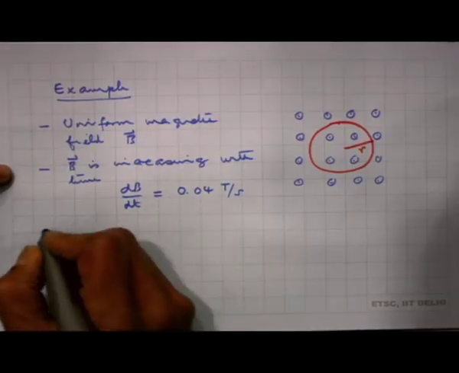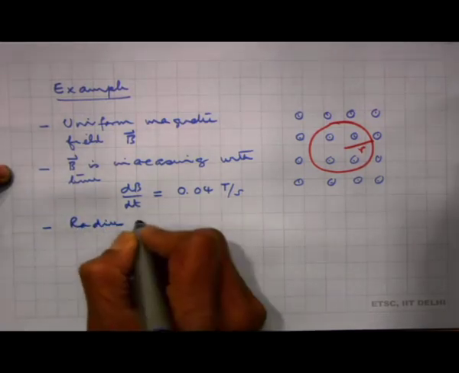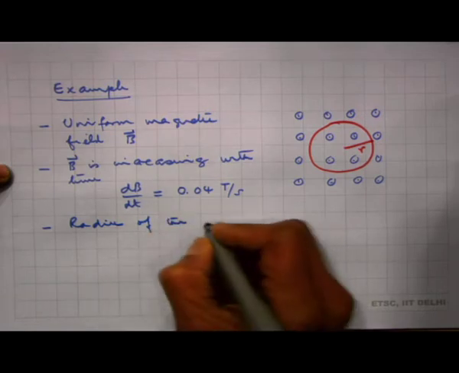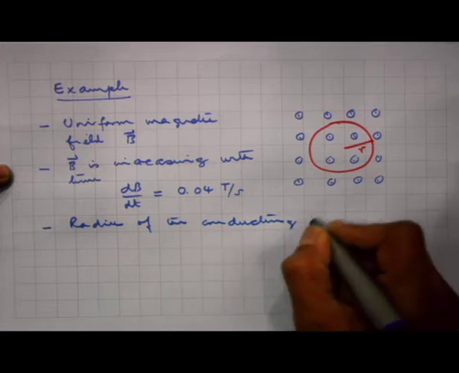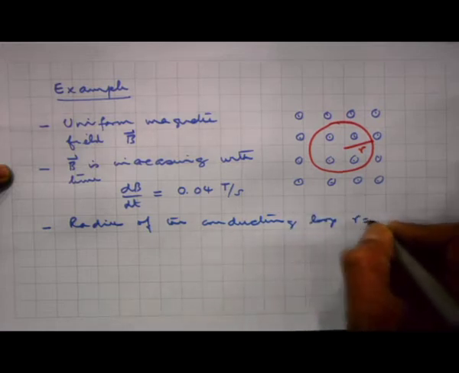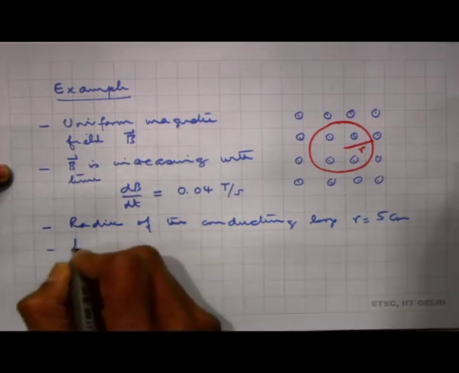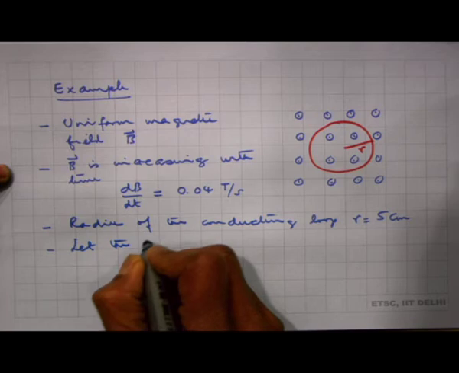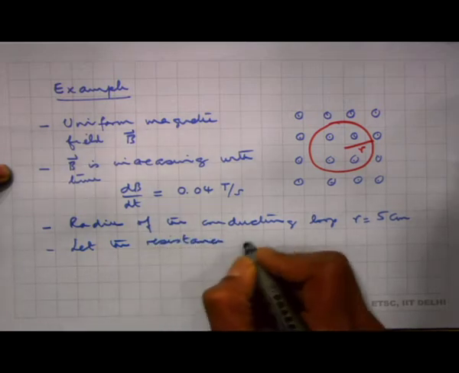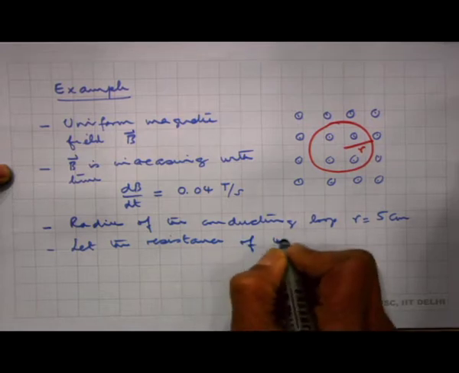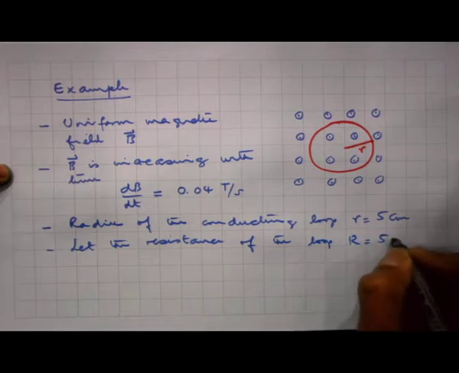Now, let me assume the radius of the conducting loop is r equal to 5 centimeters, and the resistance of the loop is R equal to 5 ohms.